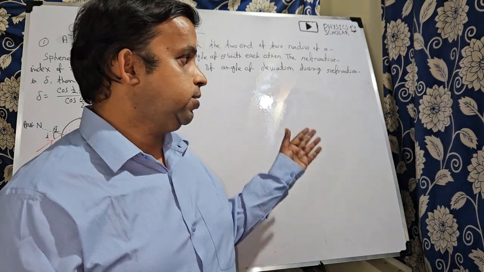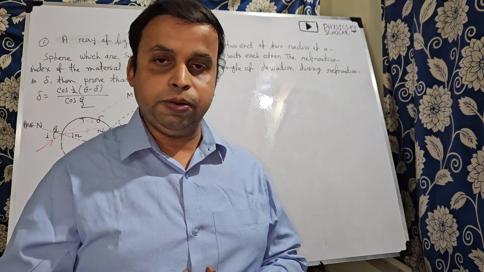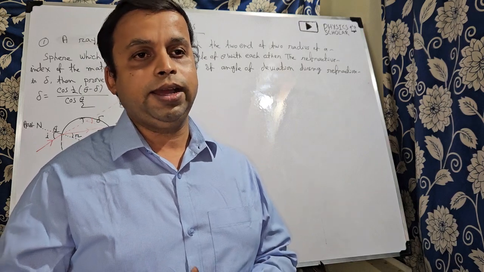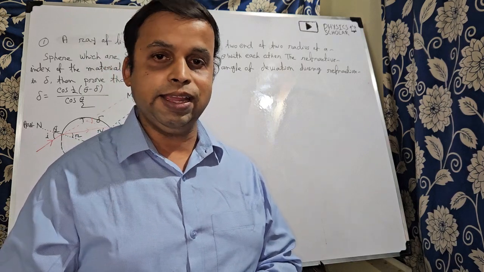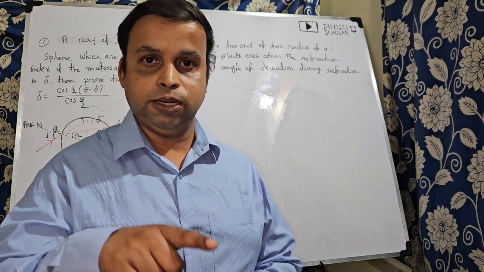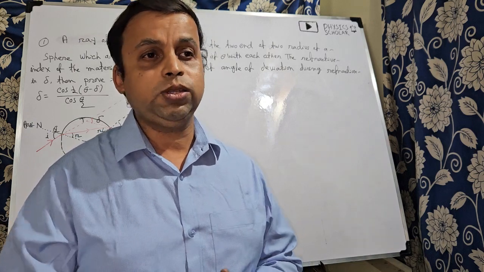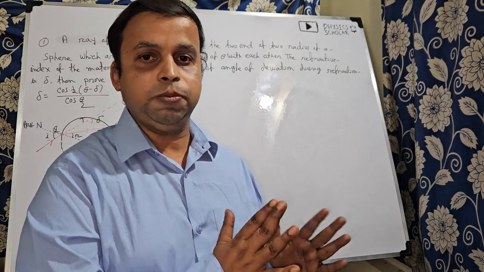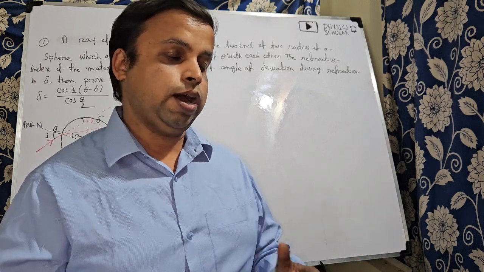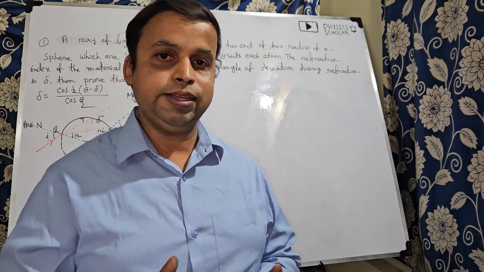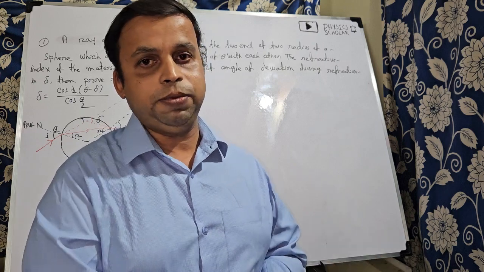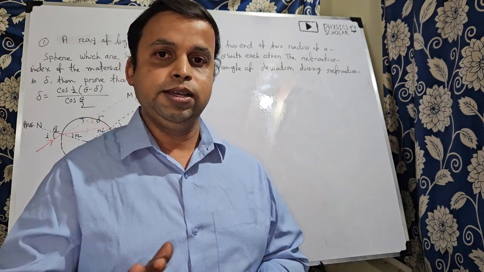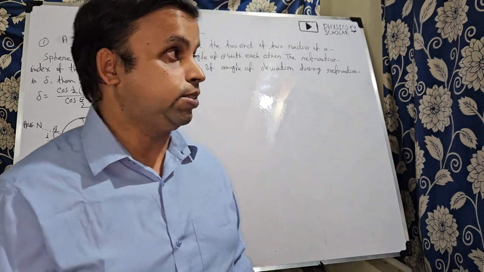I also discussed the laws of refraction, what is critical angle, what is total internal reflection, and some natural phenomena, and how they happen. Everything I discussed, so you can go through my previous episodes to get a clear idea about this.